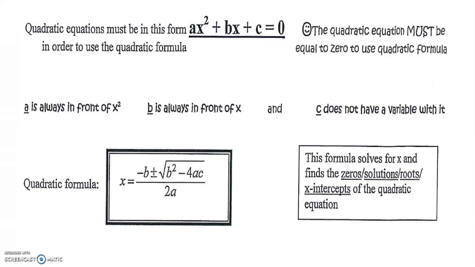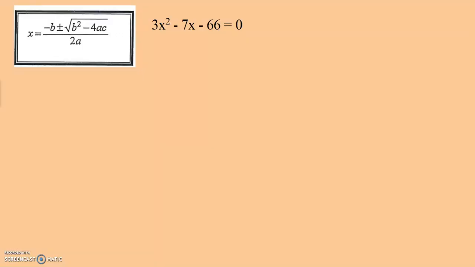The quadratic formula is x equals the opposite of b plus or minus the square root of b squared minus 4ac, all divided by 2a. So in this first example, the equation is already equal to 0. So a is equal to 3, b is equal to -7, c equals -66.